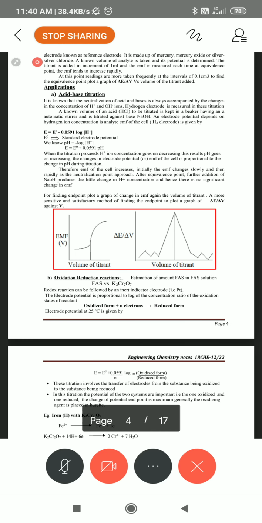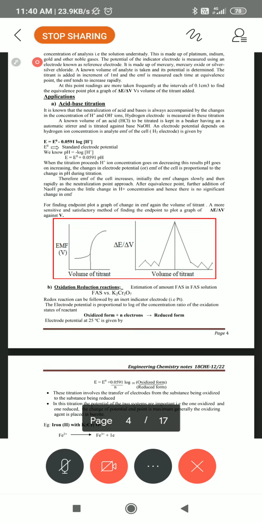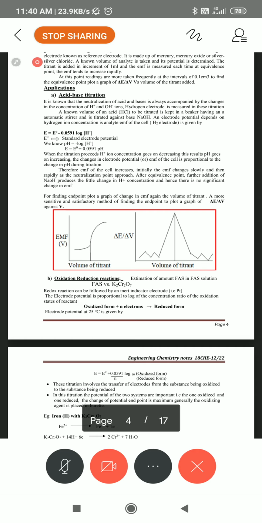Finally, we find out how much salt is dissolved in 1 liter of DM water. Whether it is a salt, an acid or a base, whatever, we label it as a known solution. Don't forget the unknown solution. You set up the instrument, take the acid, take the base, and find out the potential. Then you get the bell-shaped curve.